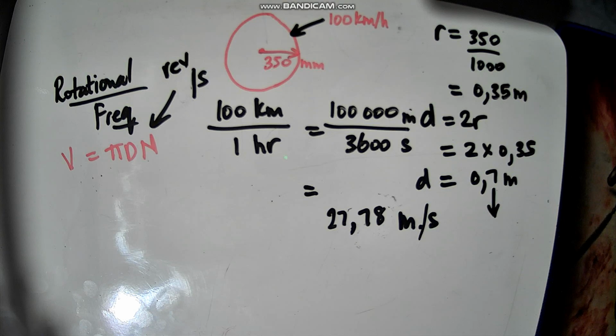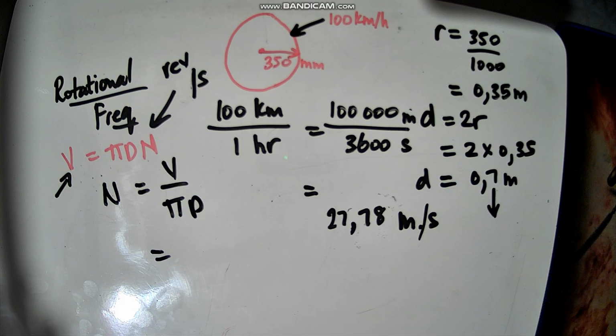So notice, if we have a velocity that's already in meters per second, then this is a very easy question. We're going to substitute 27.78 for the v. Manipulate the formula and make n the subject of the formula.